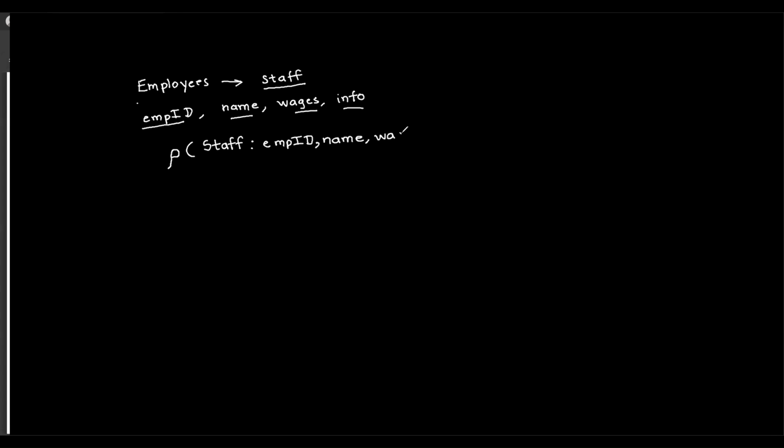Okay, that's very important. Wages, comma, info. And finally you will mention the old relation name, employees. This is also another method to use the relational algebra renaming operator.